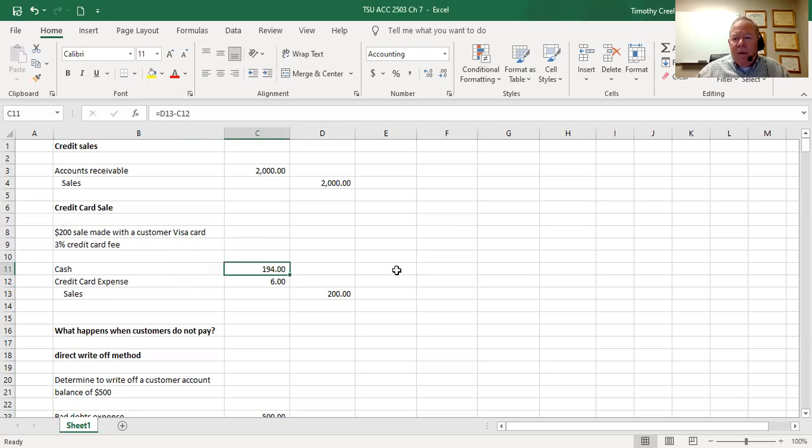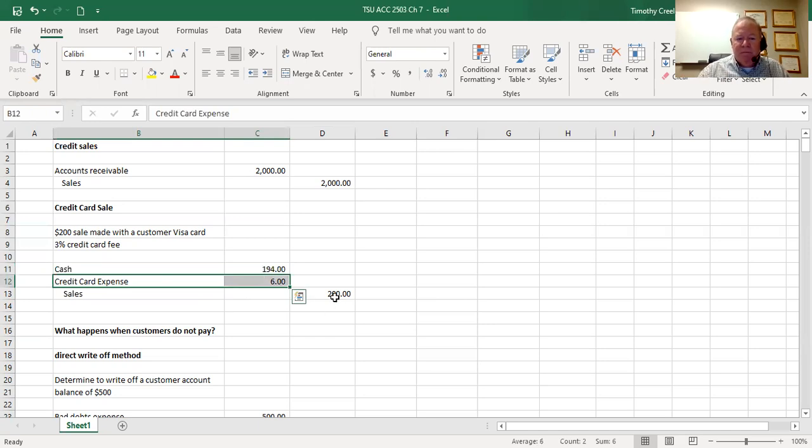Now, companies just debit cash for credit card sales like this because typically they have an arrangement where the money is going to come into their account the next day or the day after. It's a pretty quick turnaround. The credit card company is going to pay them pretty quickly, and they will just take their fee out of the payment.